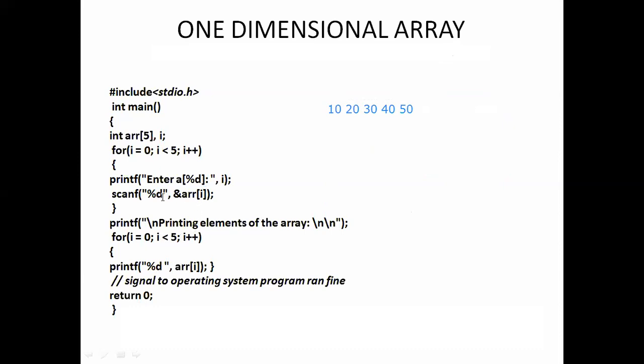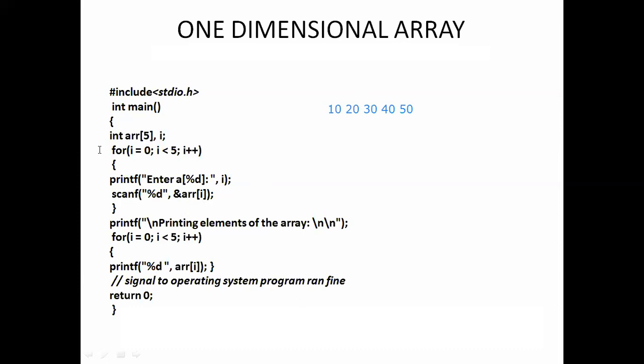Understand here, if you are giving the input you have to use the function scanf with percentage d and ampersand array. Ampersand means it will allocate memory for that location, that address, and store the value in the array.